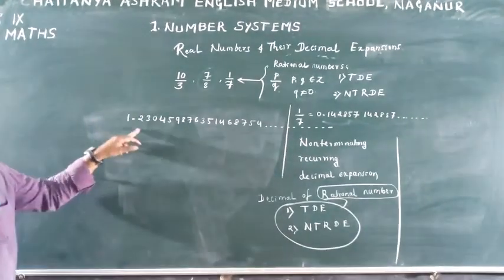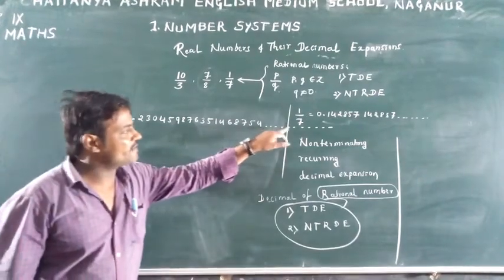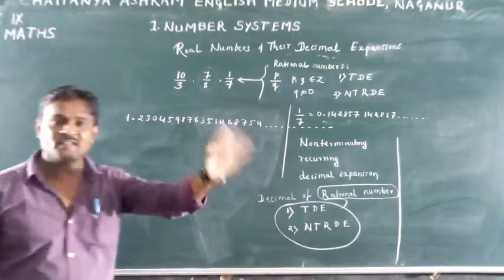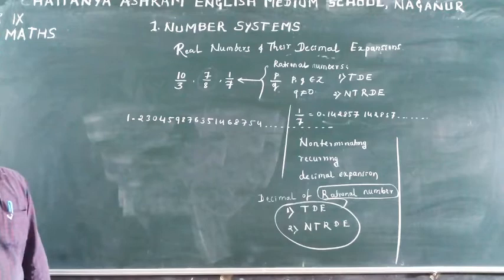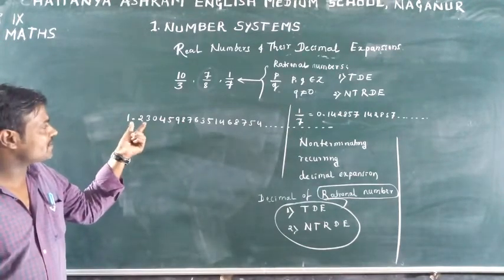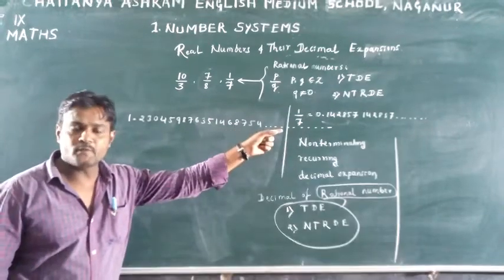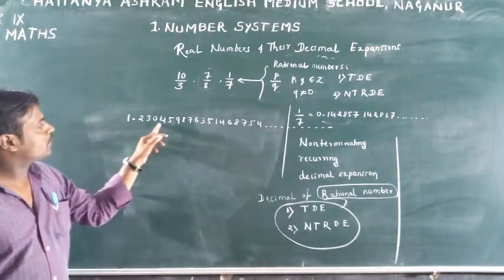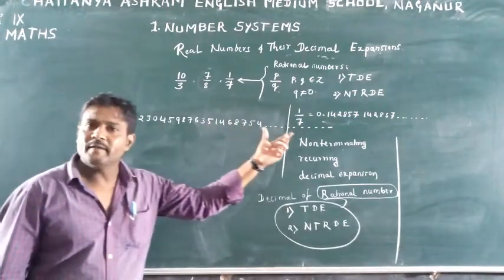The division process is not completed because the dashes are there. Are there any repeating digits in this decimal expansion? Observe. There are no repeating digits.